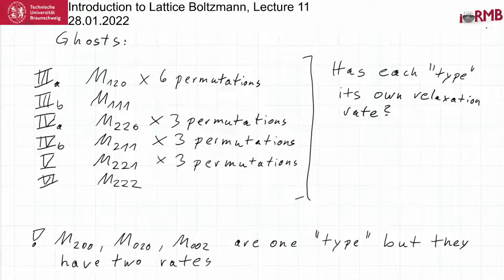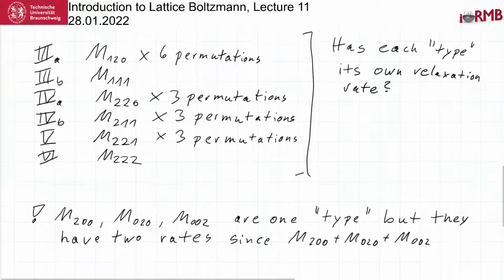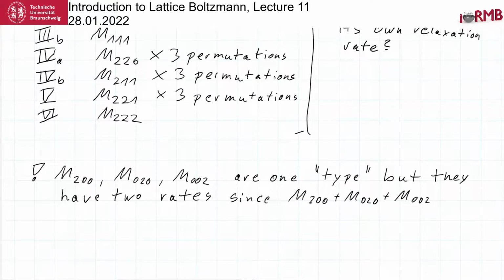So two rates, since this M200 plus M020, which we call the trace, is the only one that is isotropic. So isotropic always means invariant under rotation.